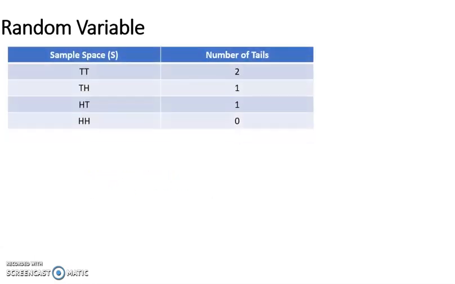Now let's take a look at this table. We have the sample space, tail-tail, number of tails 2; tail-head, 1 tail; head-tail, also 1 tail; head-head, 0 tail.